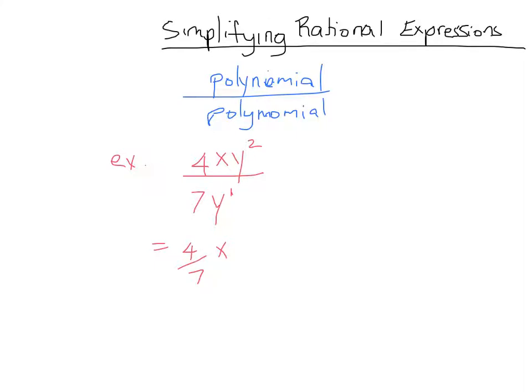And remember that when you divide numbers or variables, you subtract the exponents. So we have y to the 2 minus 1, which is just y to the 1. So this is our simplified expression. But we're going to move on to a more fun one that challenges us a little bit more.